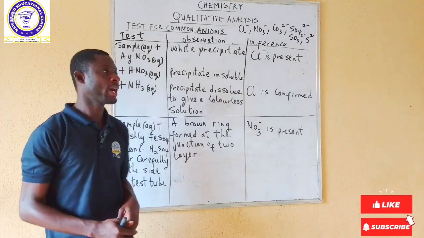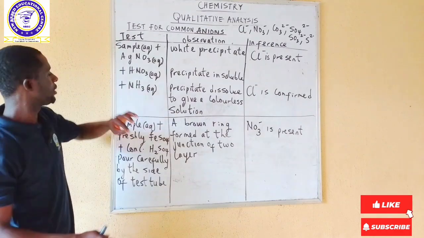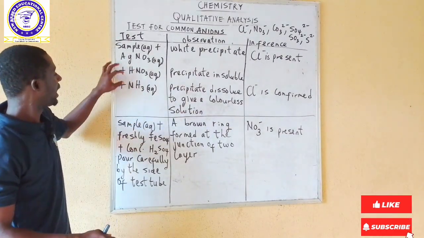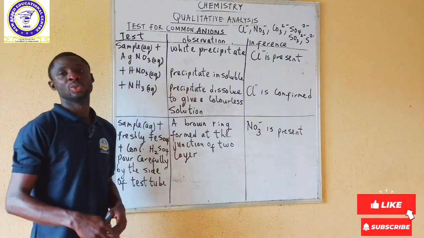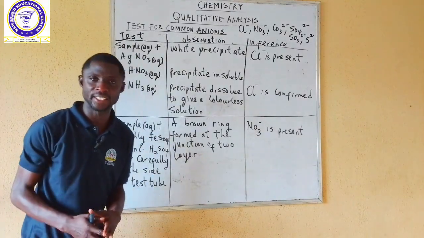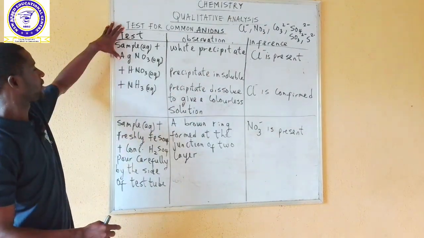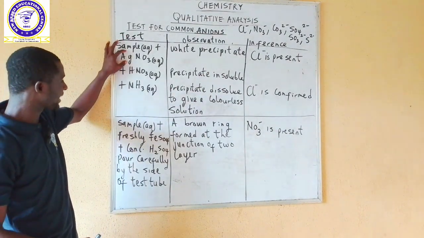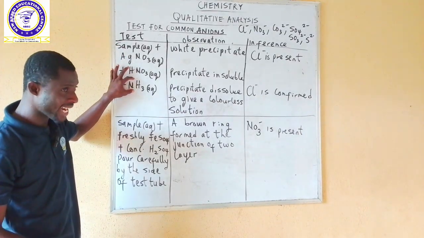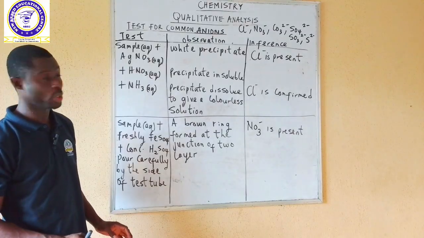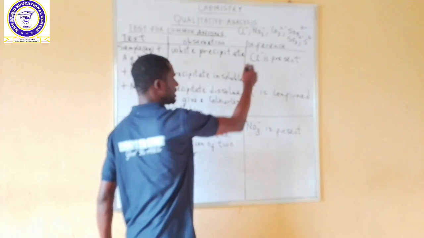Anytime you see in your test that they are adding silver nitrate, nitric acid and ammonia solution to your test sample, what you want to test for is chloride ion.